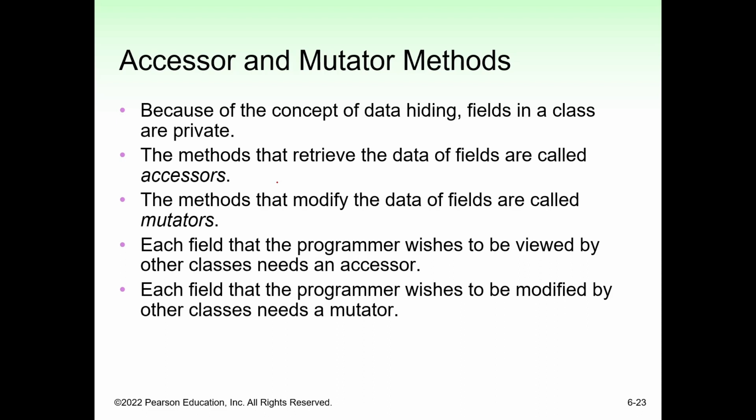And then we also have setters, also called mutators, and those modify the data of your fields. Each variable that you as a programmer want to be viewable needs a getter, and each variable that you want to change or modify needs a setter.